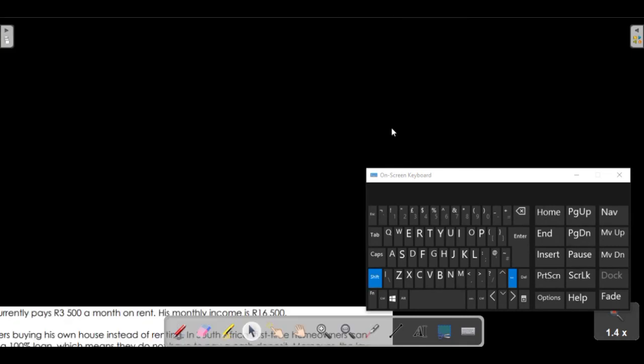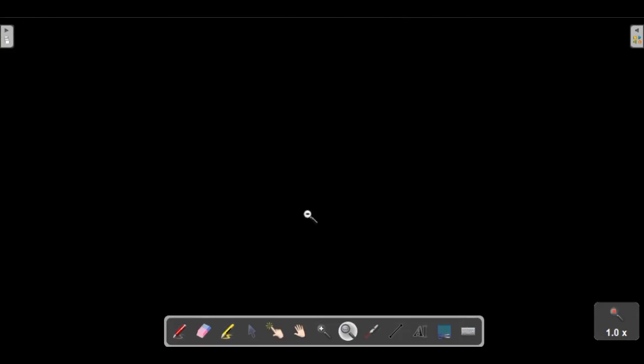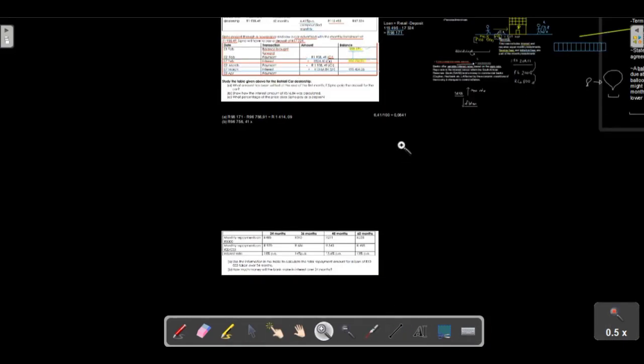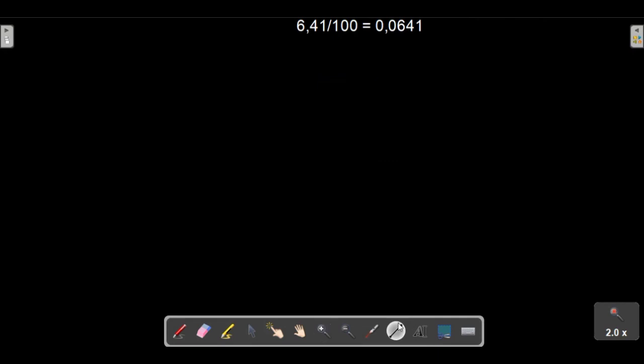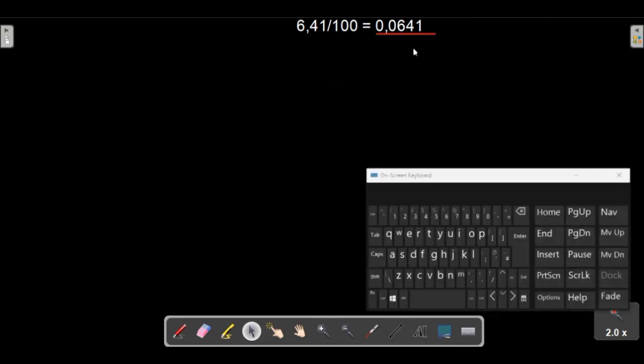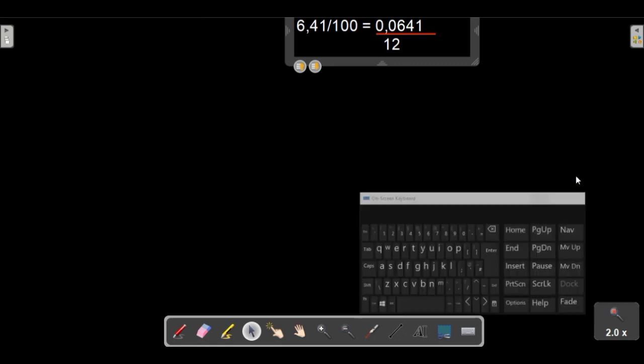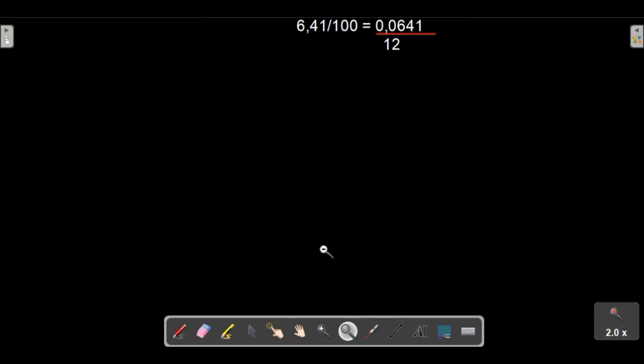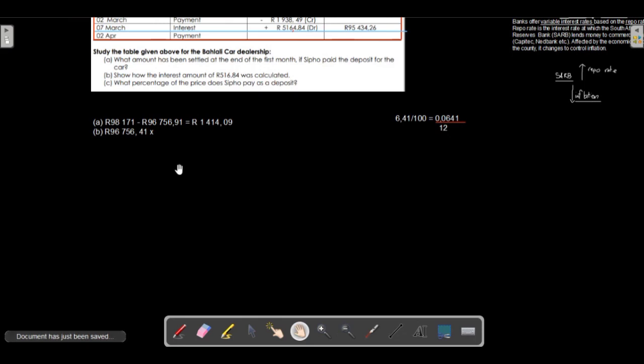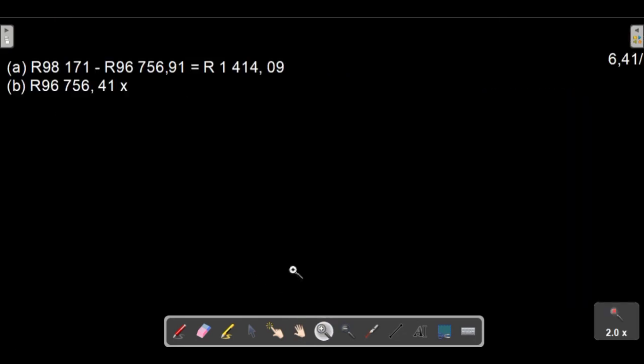Okay, so this means that we are going to take that 0.0641 and divide it by 12. Divide that by 12, guys. That's what we're going to do there. And then the answer that we get here, we are going to multiply it by that closing balance there.